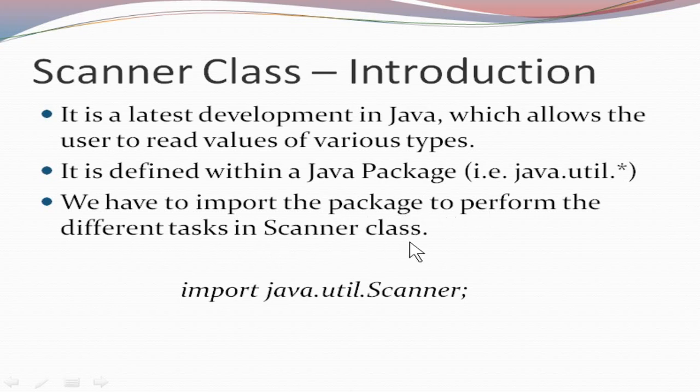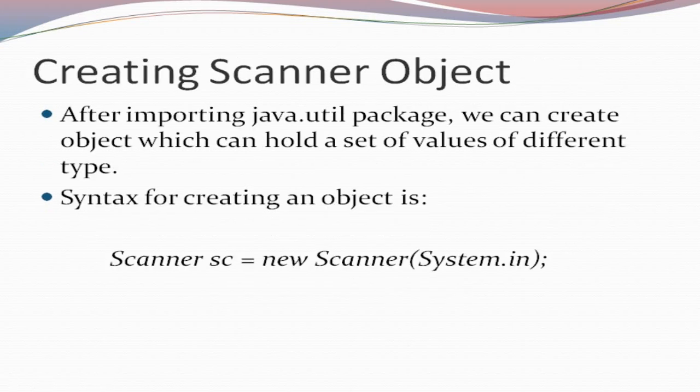If you want to use the Scanner object or the Scanner class, you need to include it in the program using this line. Import is a keyword which you use to include the package into the program. Here java.util is the package, and under that you are going to include the Scanner class. This line will include the Scanner class into the program so that you can use the Scanner methods.